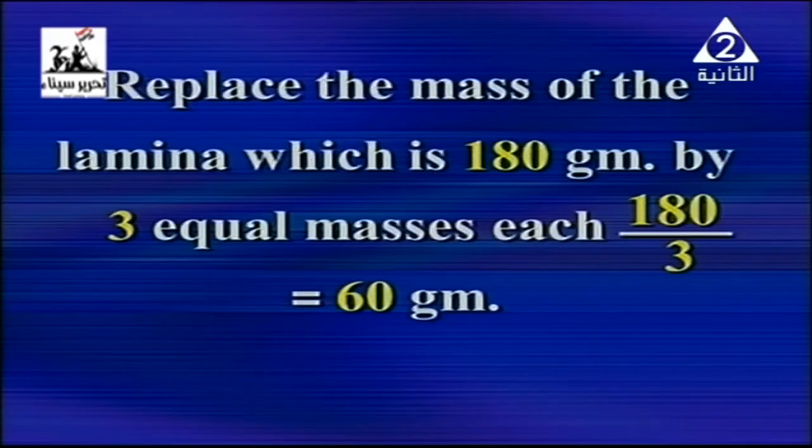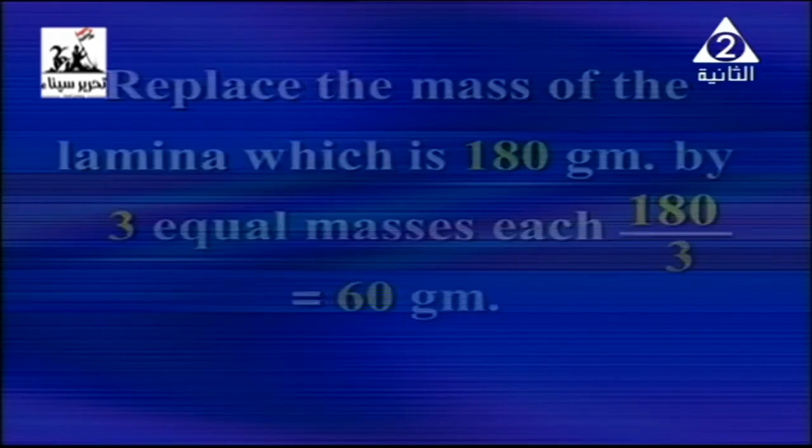Let AX, AY be two axes, and replace the mass of the lamina, which is 180 gram, by 3 equal masses. Each one is 60 gram, using 180 divided by 3 equals 60 gram.